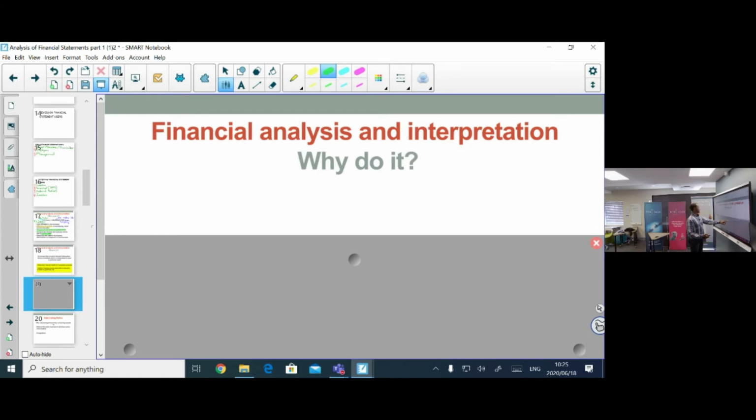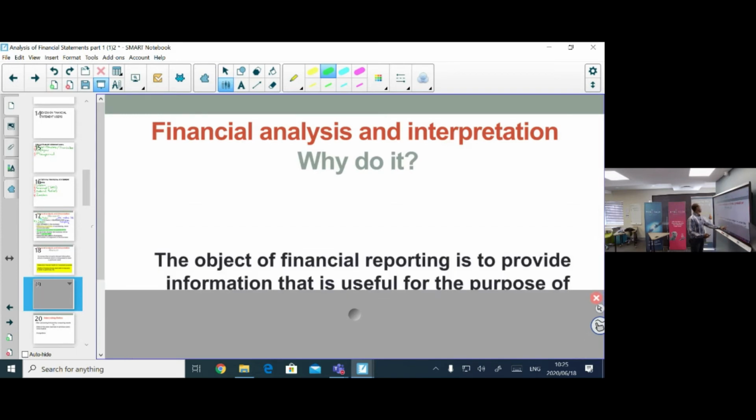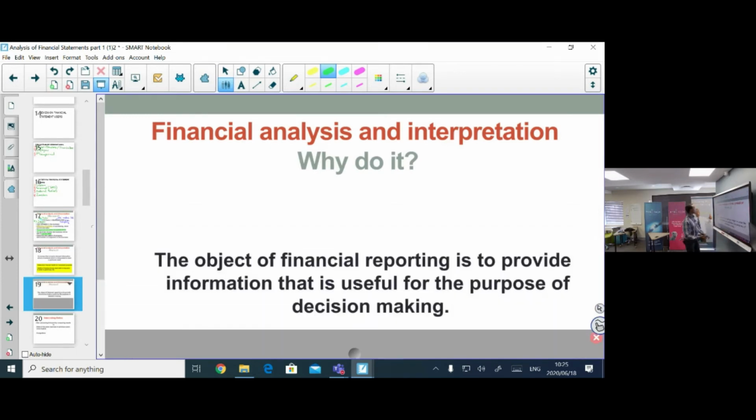Why do it? Let's talk about this one. The object of financial reporting is to provide information that is useful for the purpose of decision making, because there are a lot of decisions taking place using financial statements.